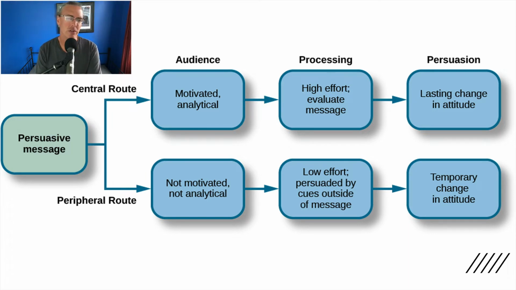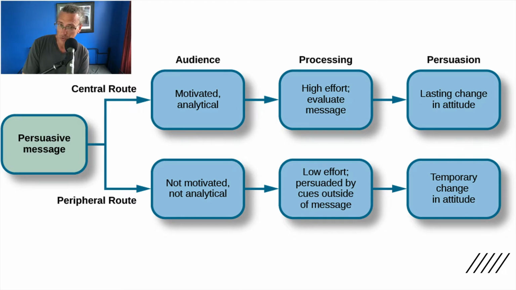What I'm showing you here is what is sometimes called the two routes to persuasion. If you want to persuade people of something, that they should believe something, there are two general ways we know that people do that: the central route to persuasion versus the peripheral route to persuasion.